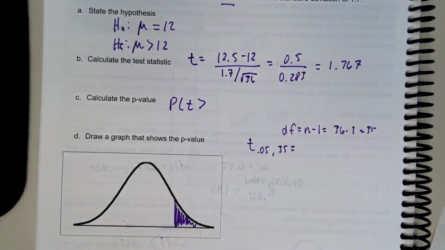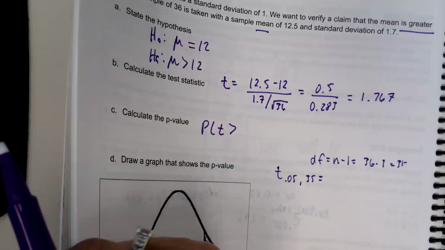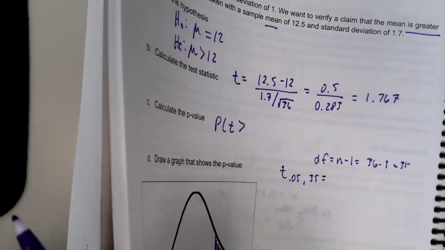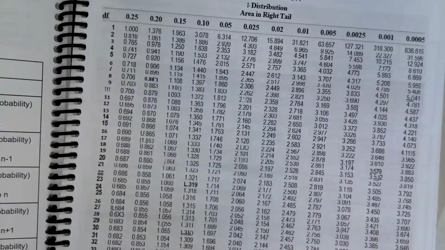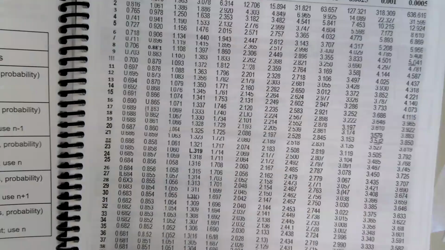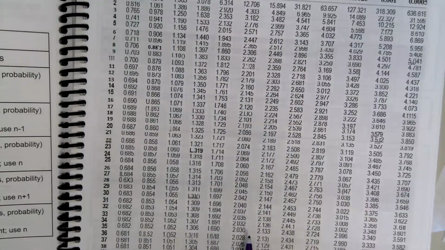So using the back of the book, formulas. 35 is right here, and 0.05 is right here.